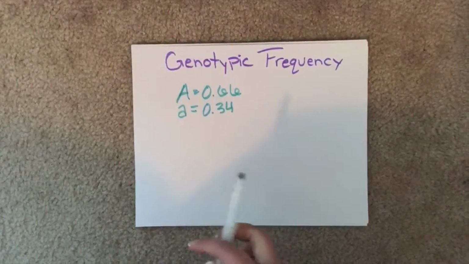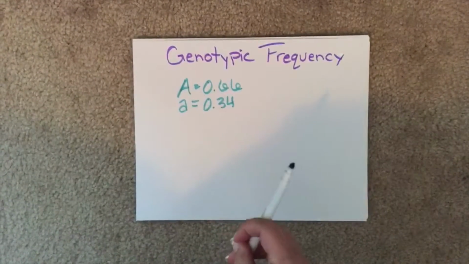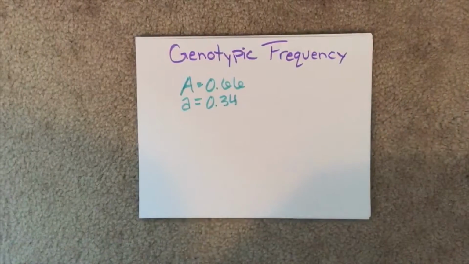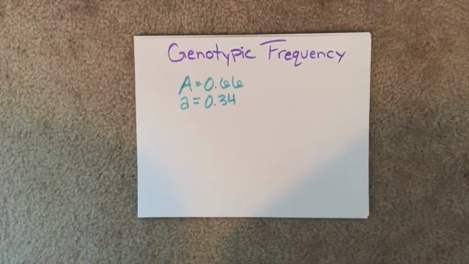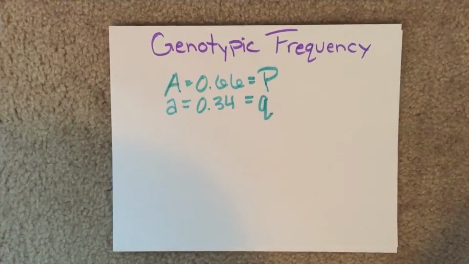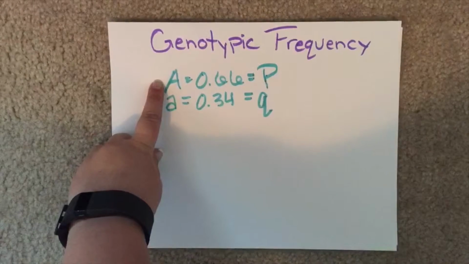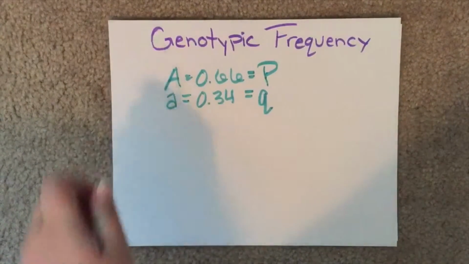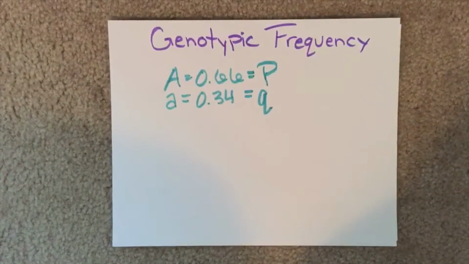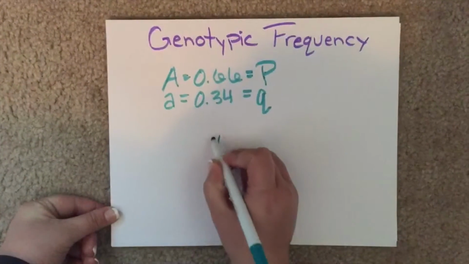I will describe to you how to individually get the values of the homozygous dominant, heterozygous, and homozygous recessive frequencies. Then I will show you a common way to check your answer. In this case, we would use the P frequency, which is our top one right here. We would then square this value to get the genotypic value of the homozygous dominant. This will look like this.